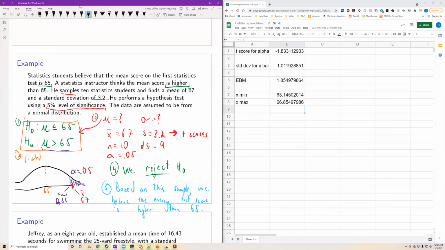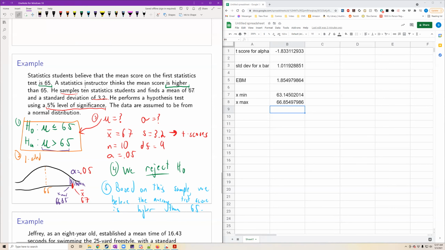Performing our confidence interval, we found the EBM and then the min and the max, and we compared our value to see if it was inside of the interval. Because it was outside the interval, we said, you know what? I think that this would not have happened by chance if the mean was really 65. So I think the real mean is higher. And the result of that is rejecting the null hypothesis.